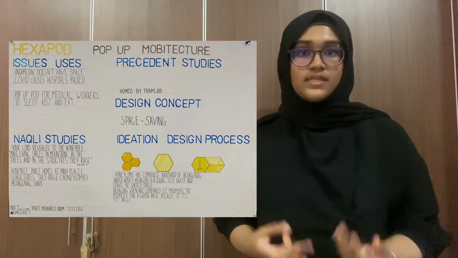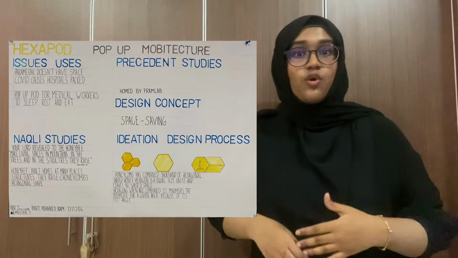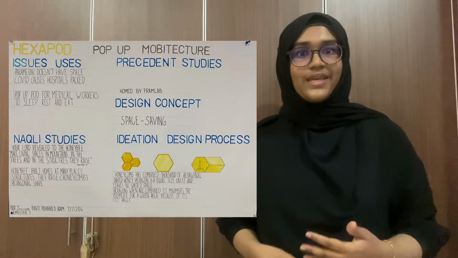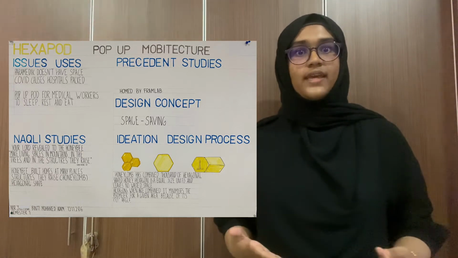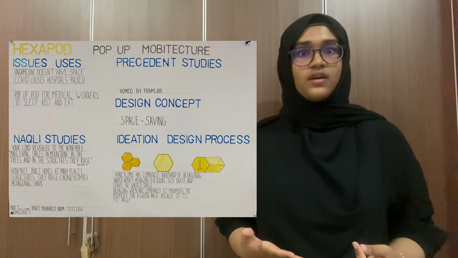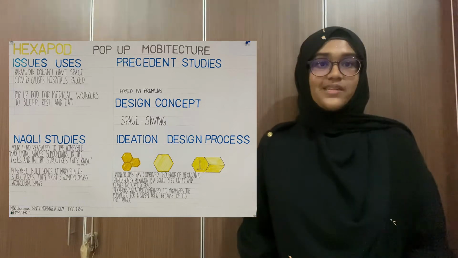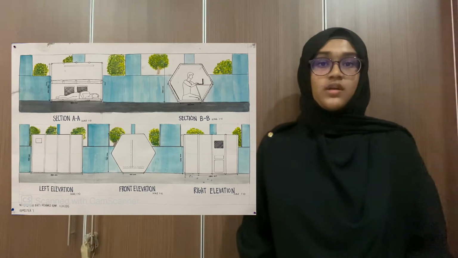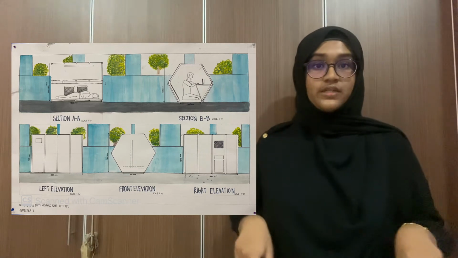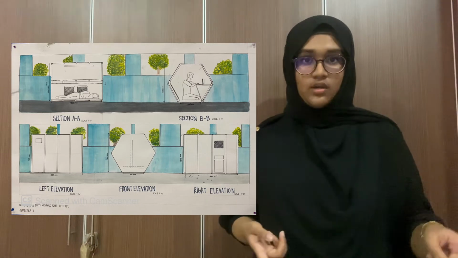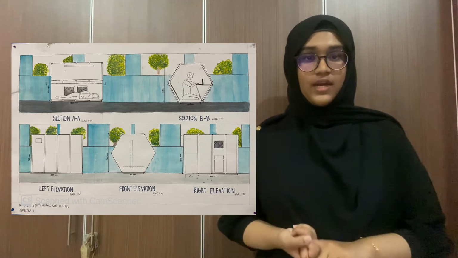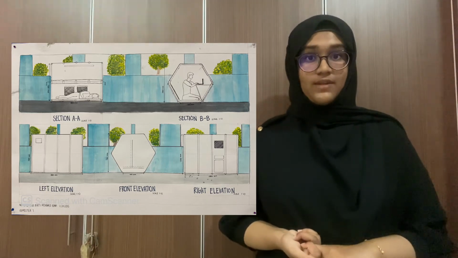By using this concept, I also can put a lot of storage spaces in my pod while they can eat and sleep peacefully. There are also a lot of things I can fit inside the pod because of the hexagonal shape. Now let's talk about the pod. So it is a hexagonal shaped pod with 1800 millimeters long, 1300 millimeters height and 750 millimeters width.